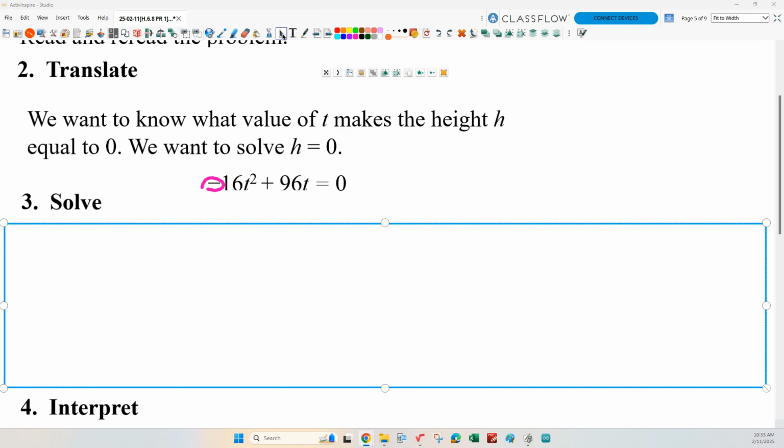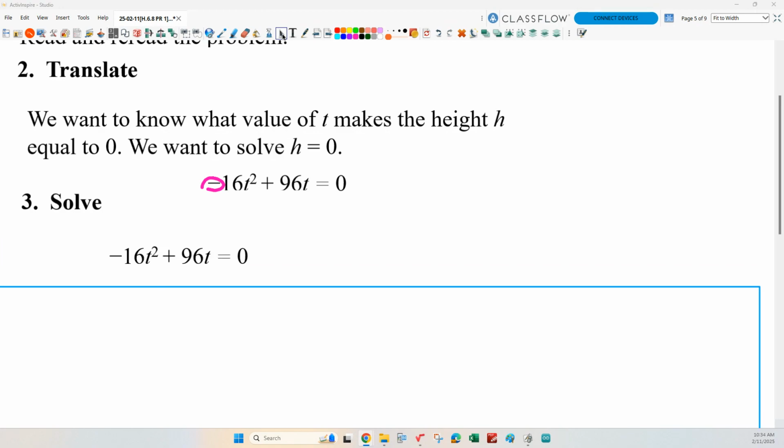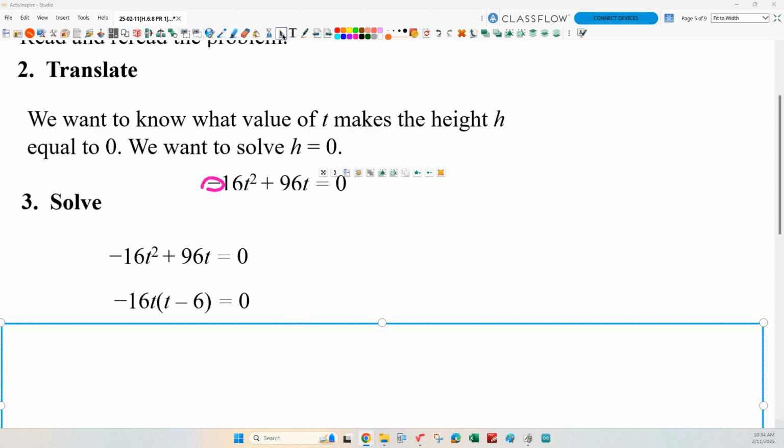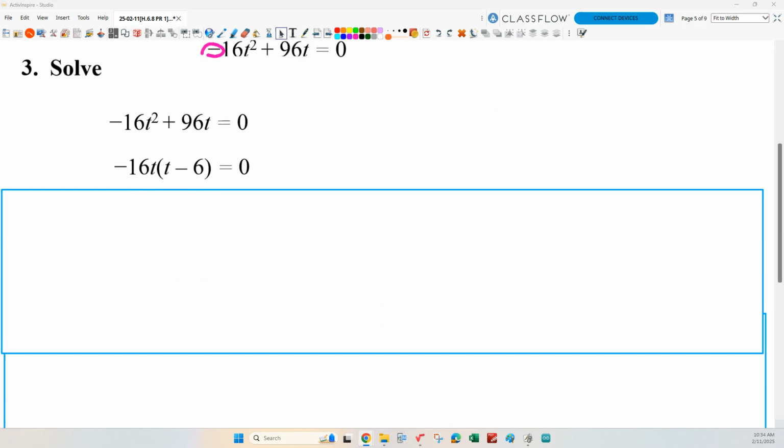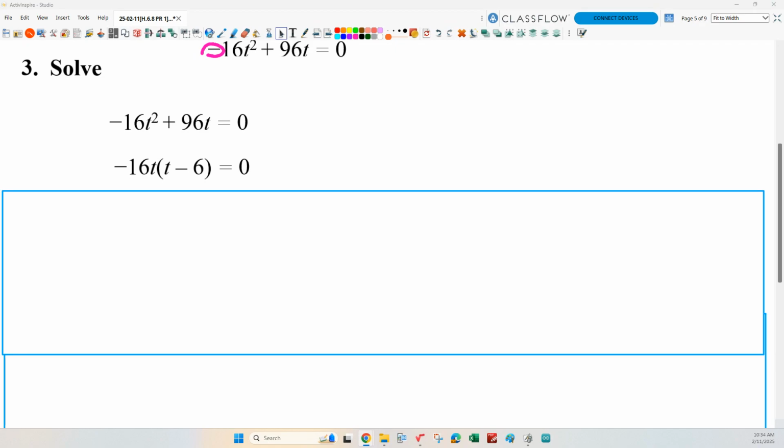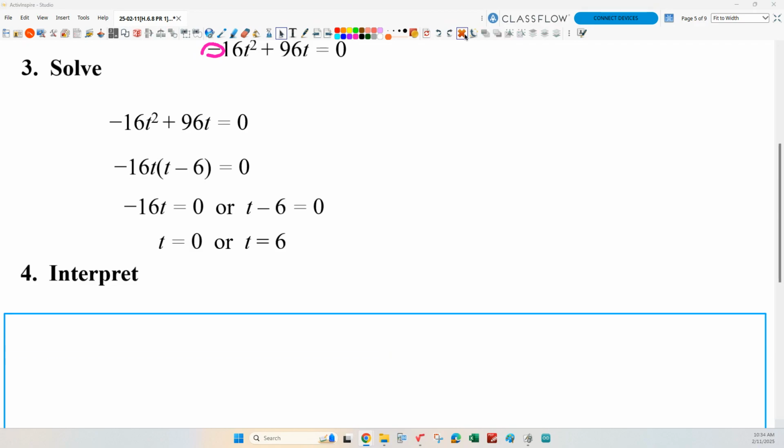So the first thing we're going to do is factor out a negative 16t, which leaves behind t minus 6. Okay, so we've factored the polynomial. It's in standard form. It's equal to 0. So by the zero product property, what are our solutions? t equals 6, or 0. Yeah, okay. So those are our mathematical solutions.